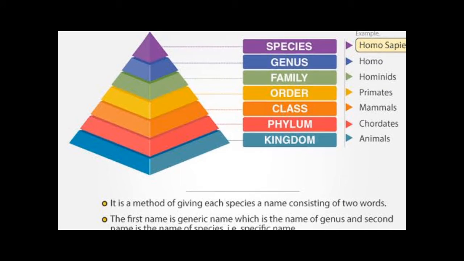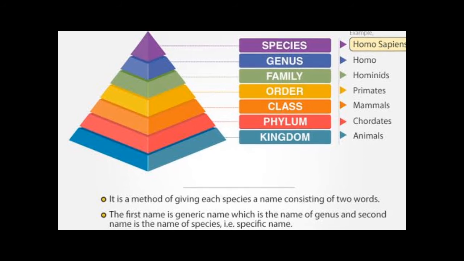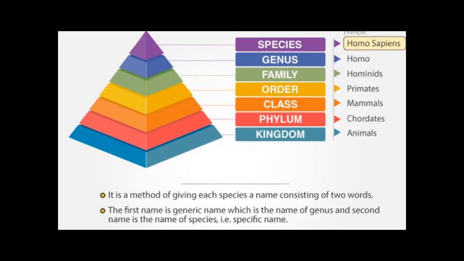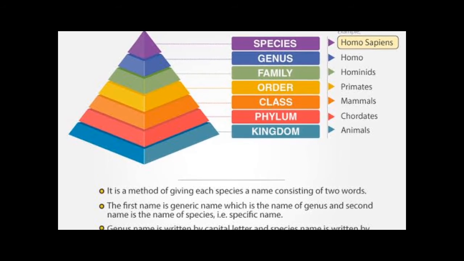Those are the classifications of organisms: the kingdom, phylum, class, order, family, genus, and species. The domain is the highest rank in the classification of organisms in taxonomy. The domain is subdivided into three different classifications: the bacteria and archaea, which belong to the prokaryotes.